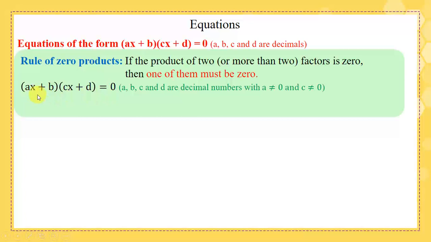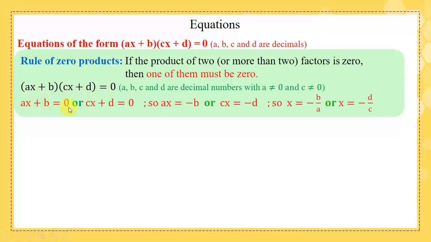So ax + b = 0 or cx + d = 0. This means that ax = -b or cx = -d, so x = -b/a or x = -d/c. So here we have two factors, and we have two solutions for this equation.